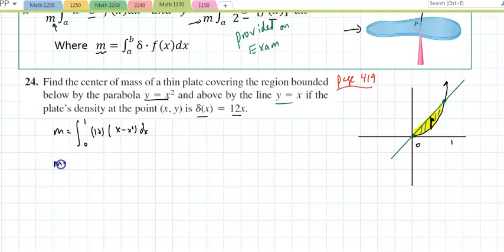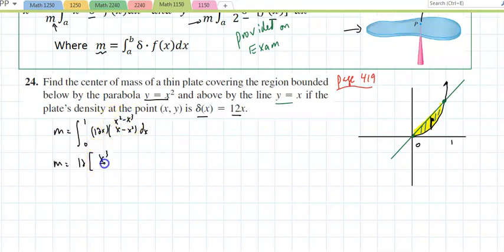So, m would be 12 times x squared over 2. I messed up. Forgive me. That's 12x. There we go. So 12 times, and that would be x squared minus x cubed.